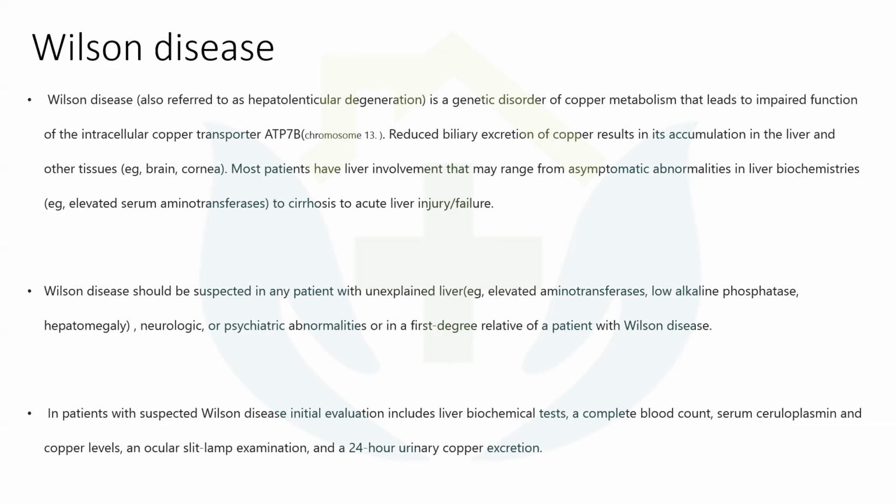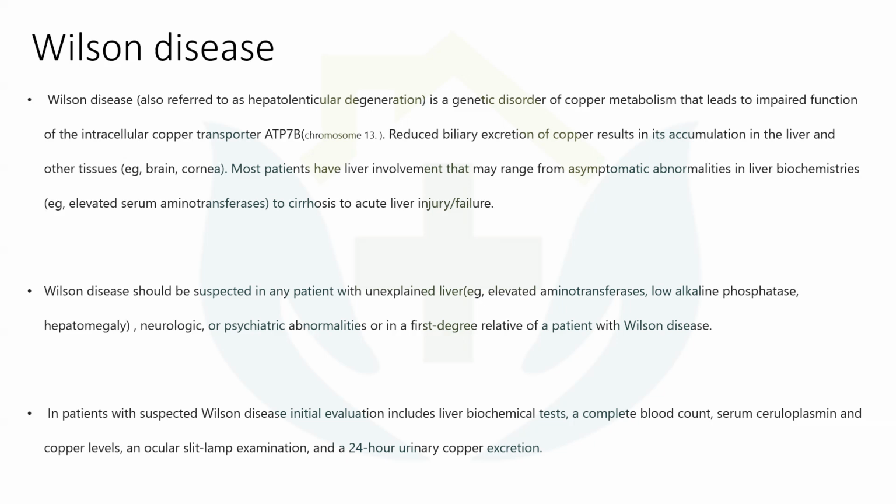When excretion is not possible, copper will be deposited mostly in the liver and also in some other tissues like the brain and cornea. The excessive copper deposition will cause liver dysfunction. When it is deposited in the brain, it causes cellular degeneration, and it also deposits in the cornea itself.